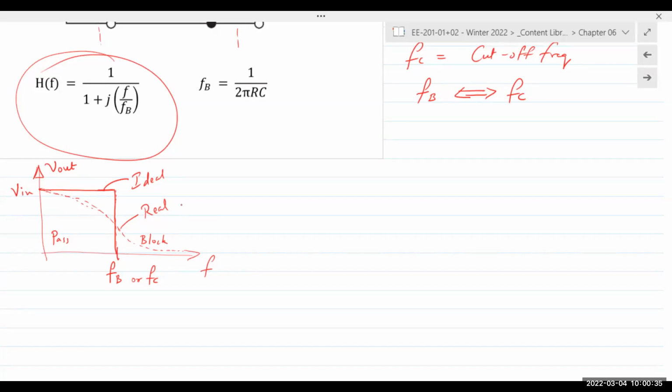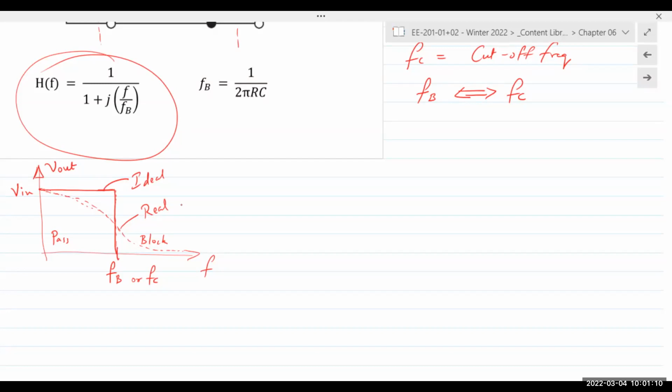And at that point, right here at FB, some frequencies on the left side and on the right side will still be passing through. If you have a frequency that is FB plus 1 hertz or FB minus 1 hertz, it's not as if it's going to be completely blocked. It is still passing through with some value. V out for FB plus 1 is still not 0, right?